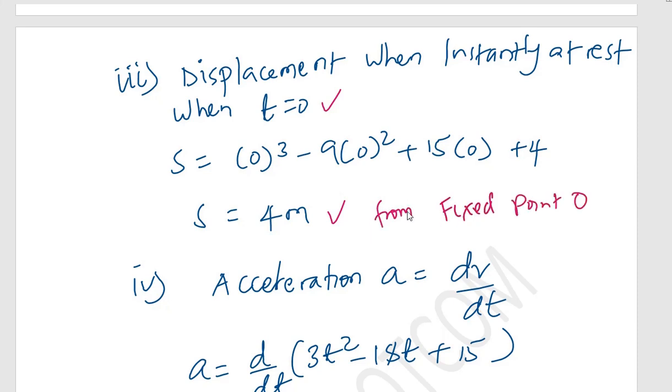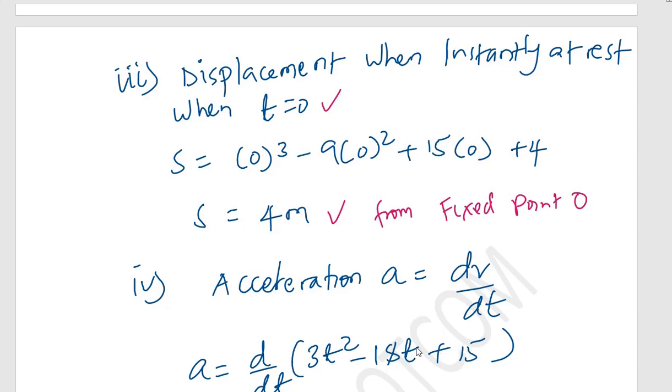Now what about acceleration? Acceleration is given by the rate of change of velocity with respect to time. So we are now going to look at differentiating the expression for velocity with respect to time. The expression for velocity is 3t squared minus 18t plus 15.